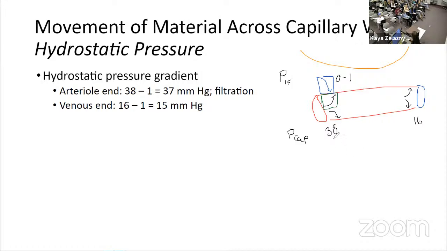So we just subtract 38 minus 1. We're going to consistently use 1 for the interstitial fluid so that we remember this pressure exists. So that's going to be our choice. So here our hydrostatic pressure gradient is going to be 37, so 38 minus 1. And here our hydrostatic pressure gradient on the venous end would be the hydrostatic pressure of the capillary at the venous end, 16 minus 1, giving us 15.